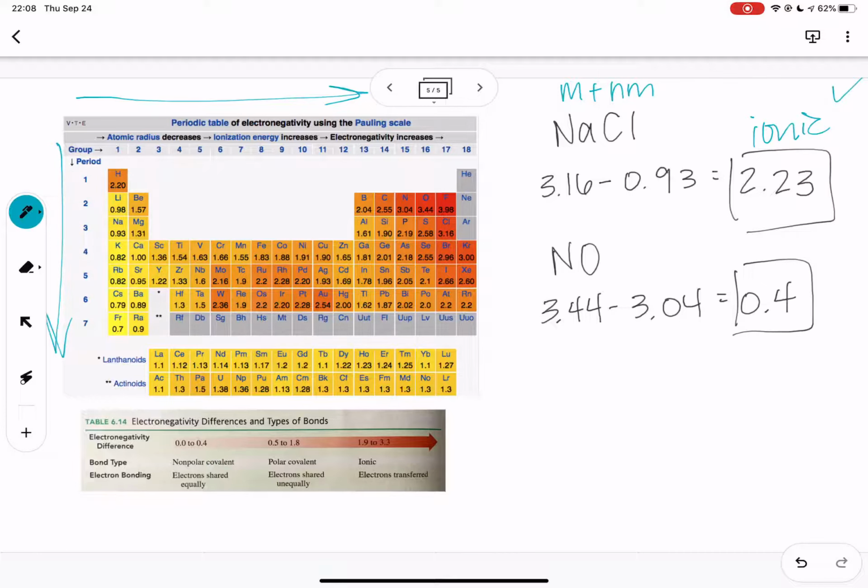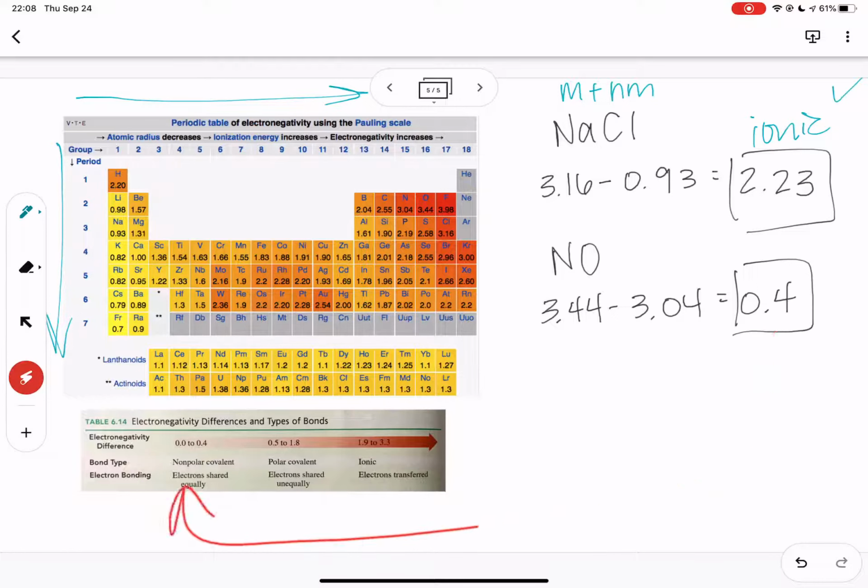And then the next one is NO, which is nitrogen monoxide, not mononitrogen monoxide, but nitrogen monoxide. I come over here to this table, find their electronegativity values. And again, it's absolute value difference, 0.4.